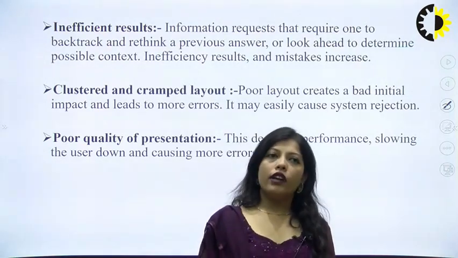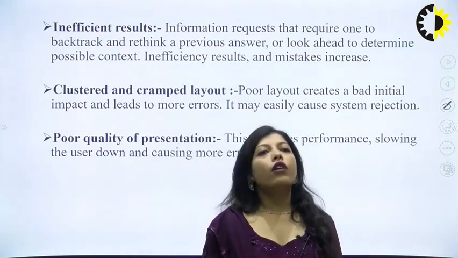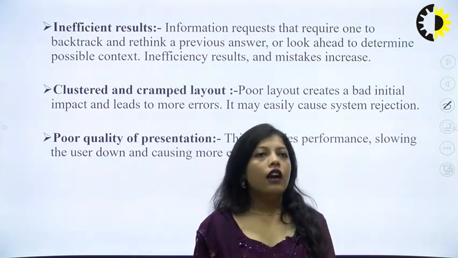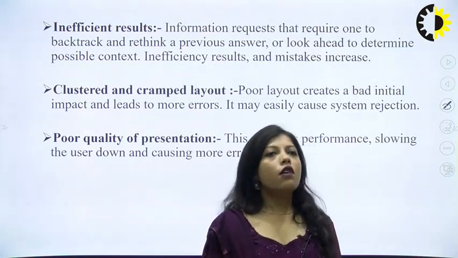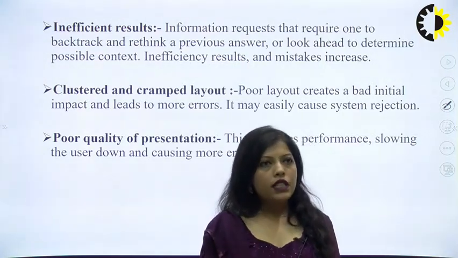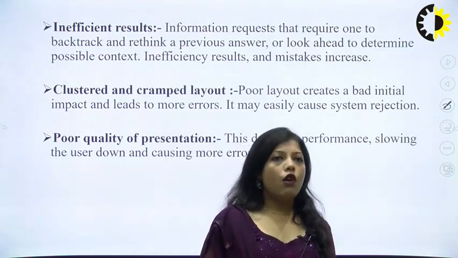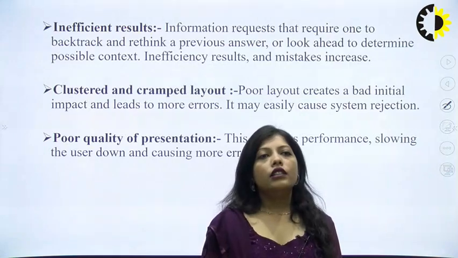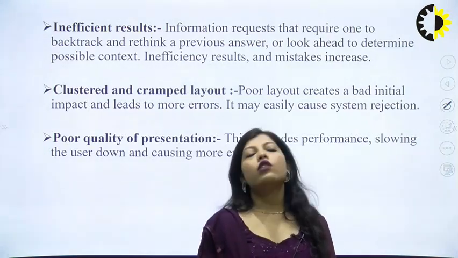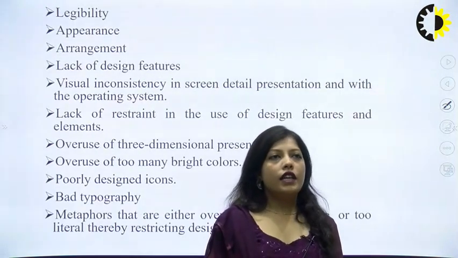Next is poor quality of presentation. Poor quality of presentation means the screen which you present to the user is of poor quality. This also degrades the performance, slows the user down and causes many errors, or this also distracts the user because of the poor quality of presentation.